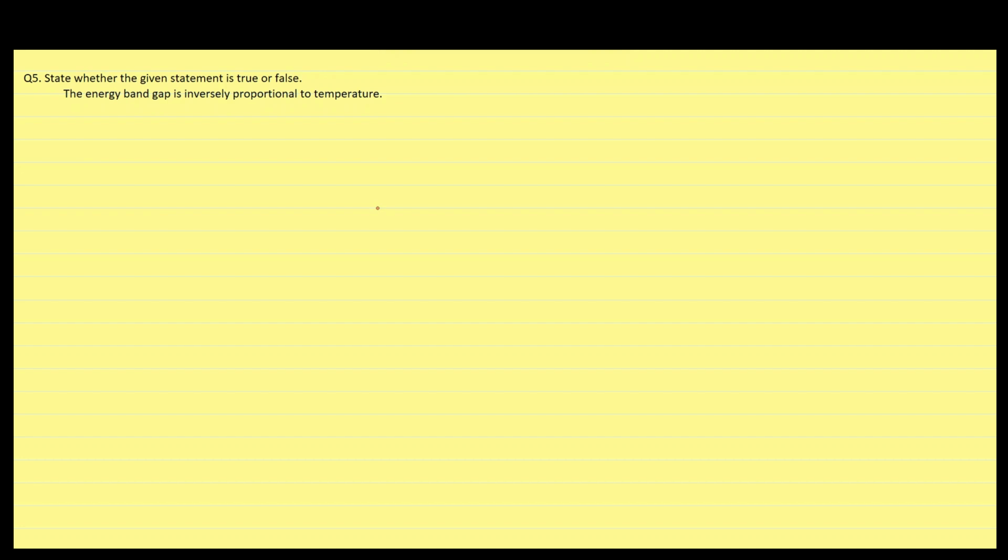State whether the given statement is true or false. The energy band gap is inversely proportional to temperature. For reference, we are going to take the energy band gap relation of silicon. We can see that as the temperature increases, band gap energy decreases.